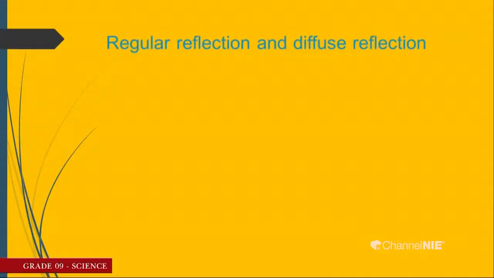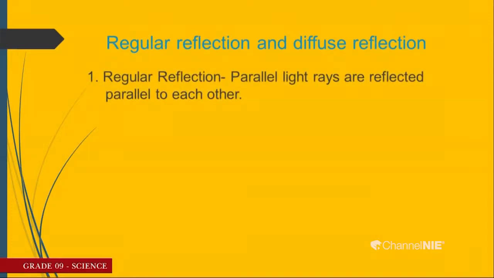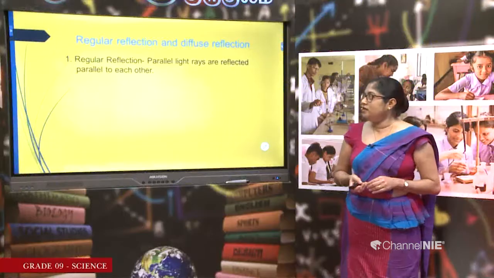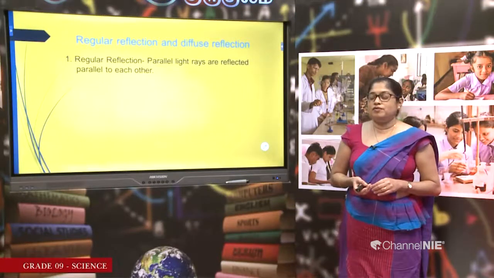Reflection is of two types, regular reflection and diffuse reflection. Let us see what regular reflection is. When parallel light rays are falling on an object, if they are reflected parallel to each other, we call it regular reflection.